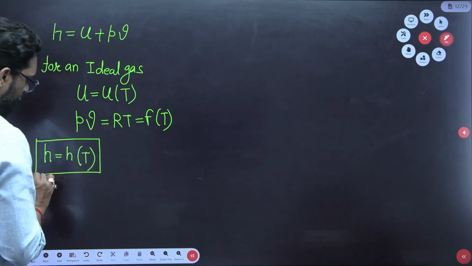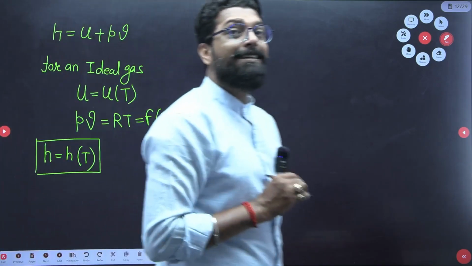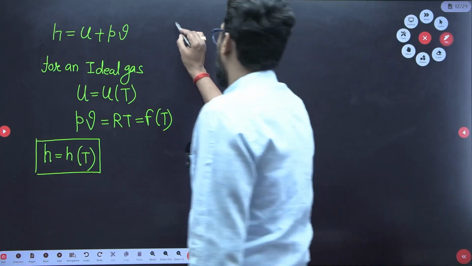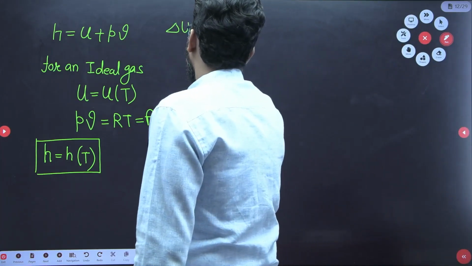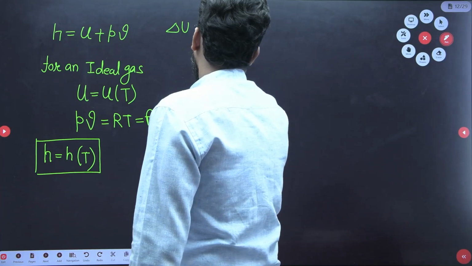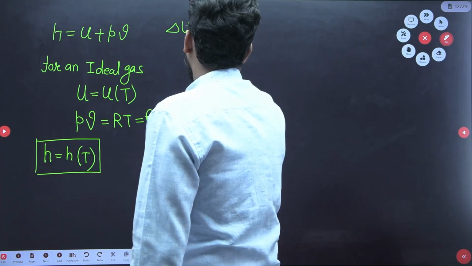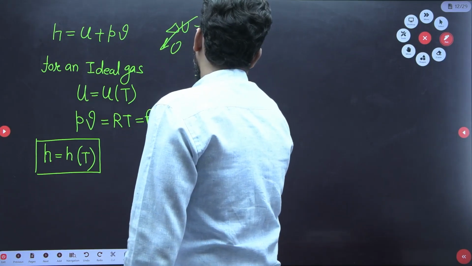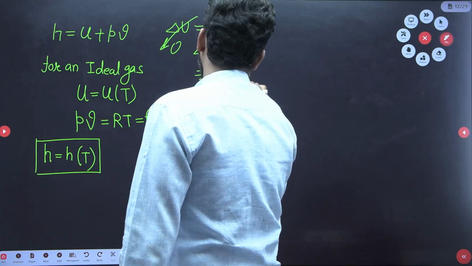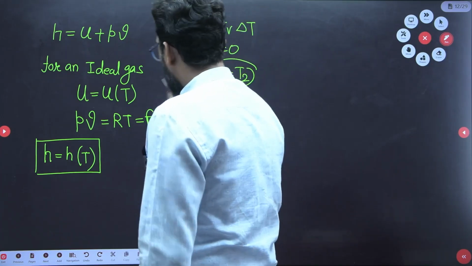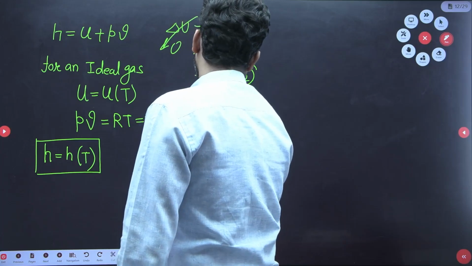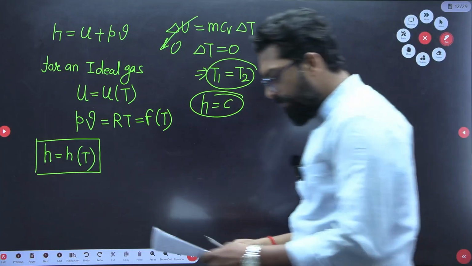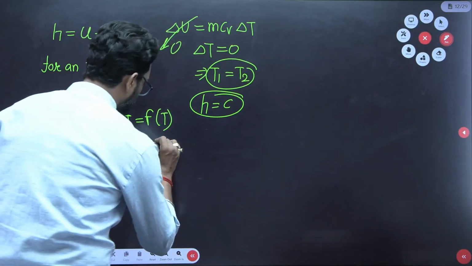Now my dear, if the internal energy of the system doesn't change, that means delta U, which is m Cv delta T, is zero, so delta T is zero. That means the initial temperature is the same as the final temperature. That means if the temperature is constant, enthalpy is also constant for an ideal gas. Hence, what is the conclusion then?